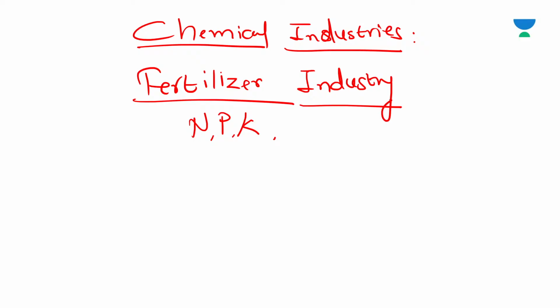So the third, that is potash, is entirely imported, as the country does not have any reserves of commercially usable potash or potassium compounds in any form.